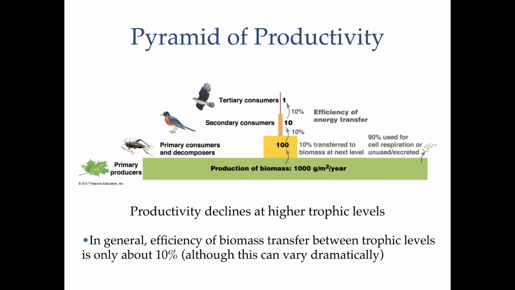And you may be thinking, why is this important? Well, one of the things we can think about when we study this is that depending on which level you choose to feed at in the food chain, you can be more or less efficient.